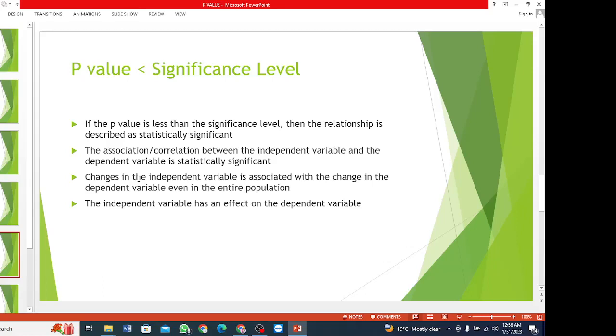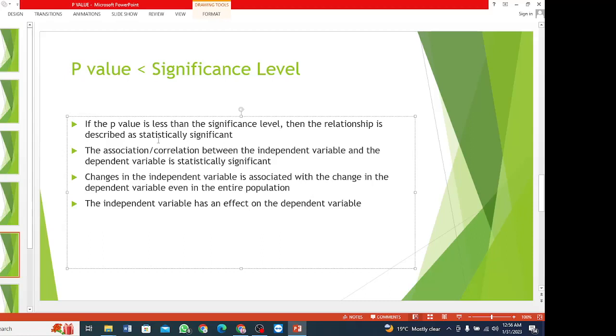And also we can say that the association or the correlation between the independent variable and the dependent variable is statistically significant. Hence, the changes in the independent variable are associated with the change in the dependent variable even in your entire population. Therefore, the independent variable has an effect on the dependent variable.